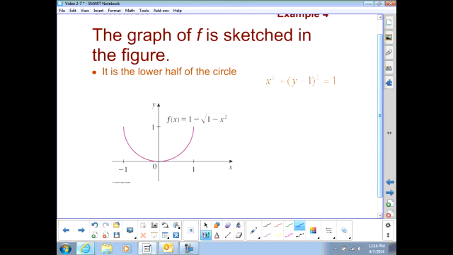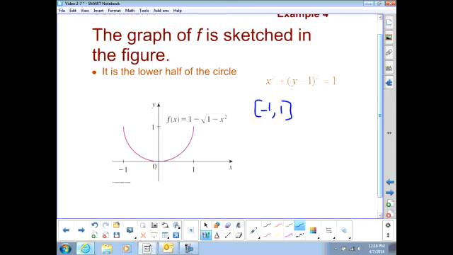So first off, our function is defined from negative 1 to 1, because that's what we wanted to show. We wanted to show it's continuous from negative 1 to 1. The limit also exists at every point. So it's defined at every point. Our limit exists at every point. And since everywhere from negative 1 to 1 we can do direct substitution, that means f of a will equal the limit as x approaches a.